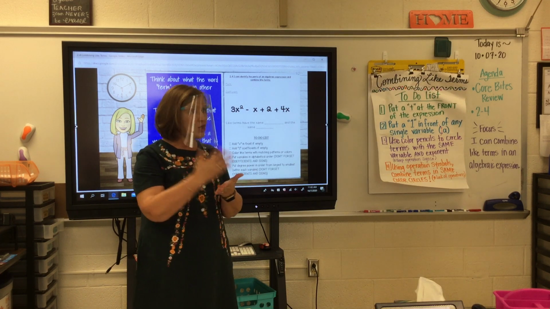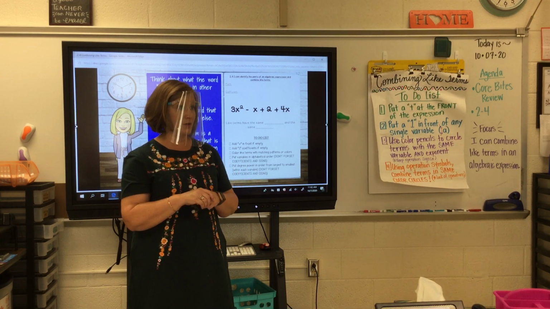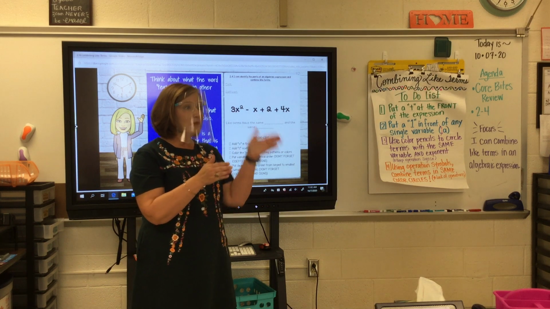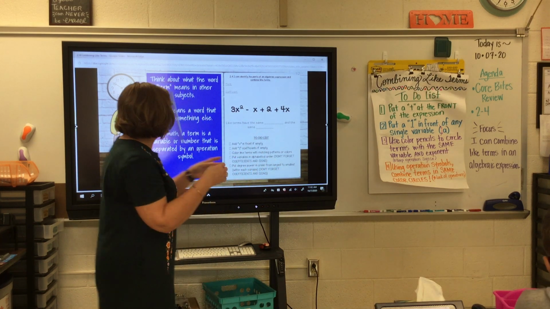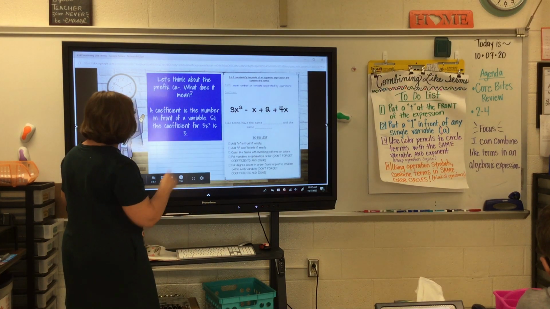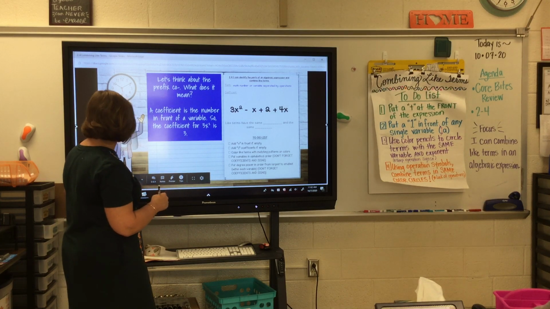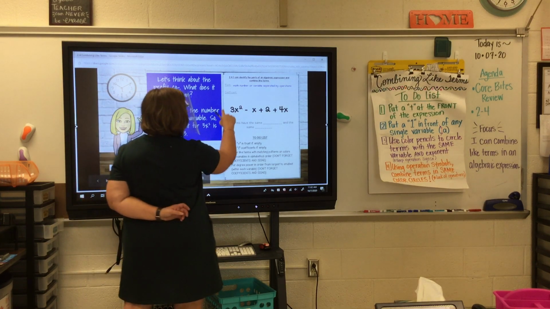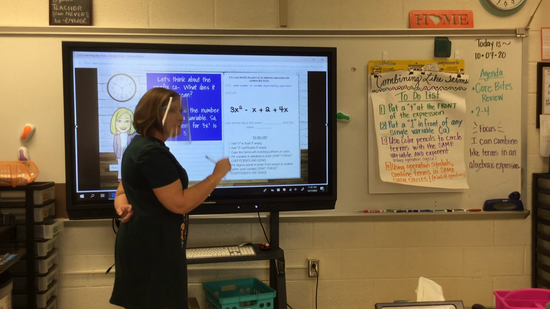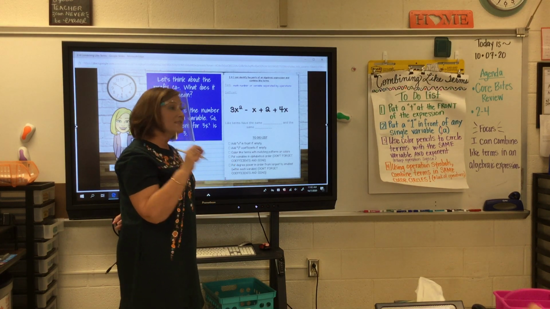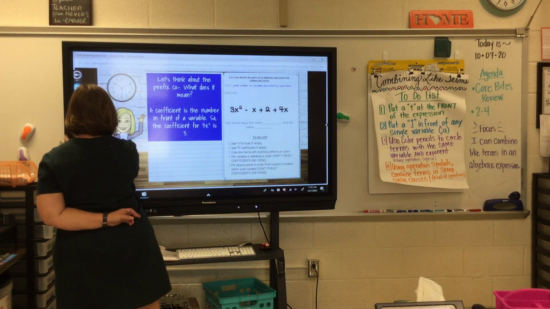Every term is 4 years. So a term has a beginning and an end. A term in our expression here is each number or variable that's separated by an operation sign.